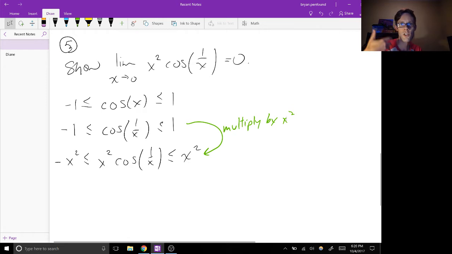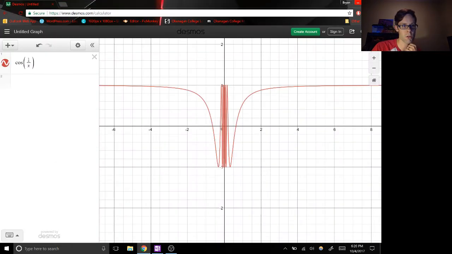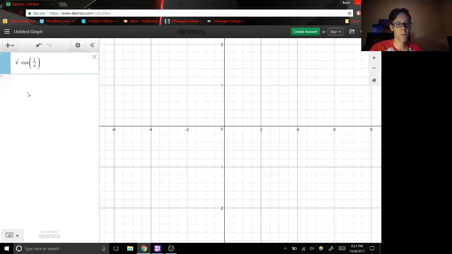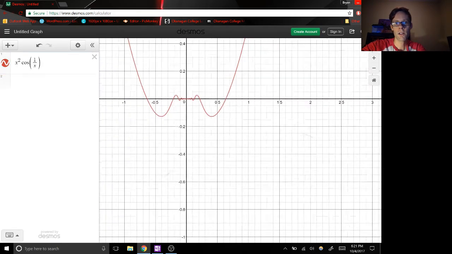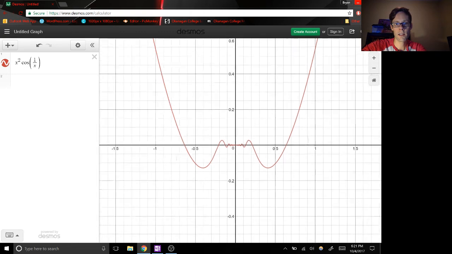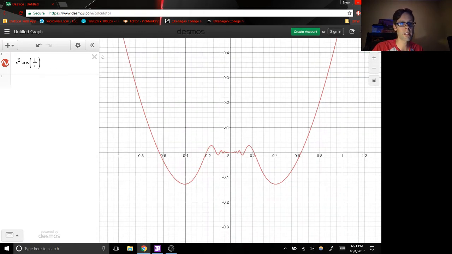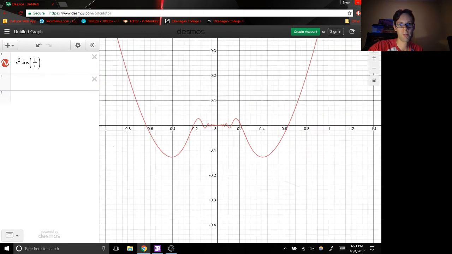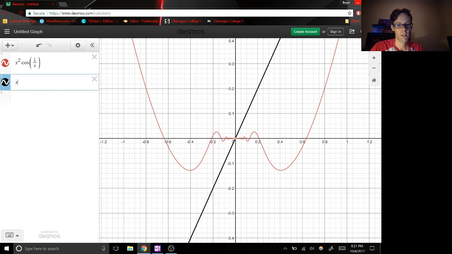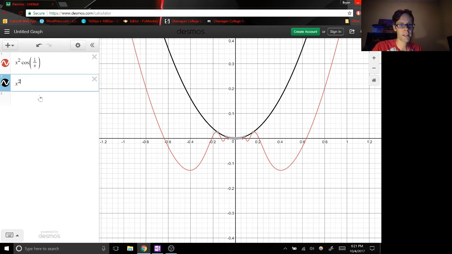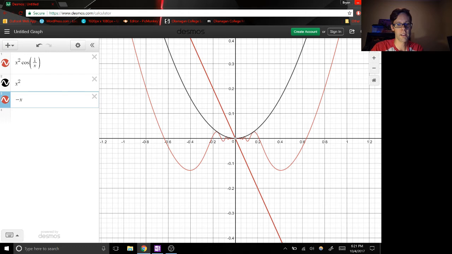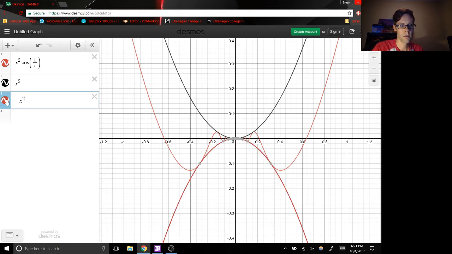Once again, I'll show you a visual of what that looks like on Desmos. We'll take this cosine function and multiply it by x squared. I'm going to zoom in a little bit so you can see that it's this creepy parabola looking thing. Then we'll plot a parabola x squared, and we'll plot the parabola -x squared.